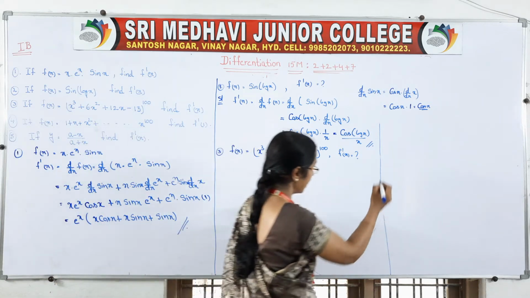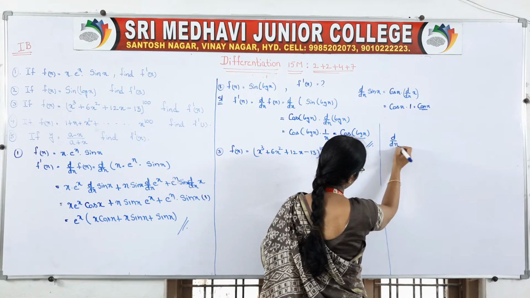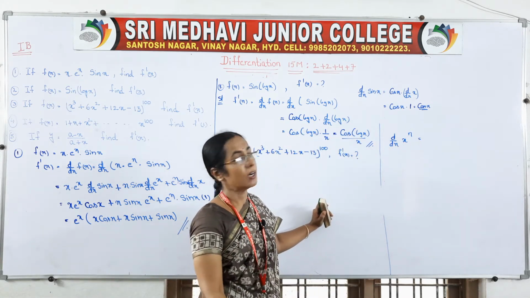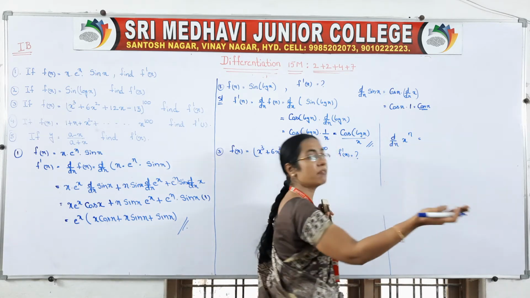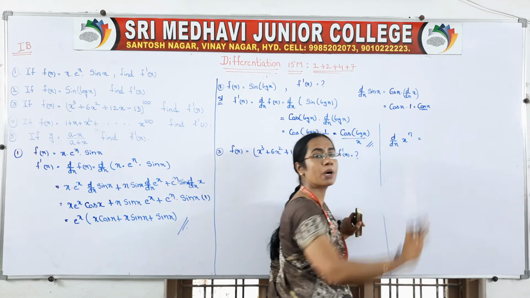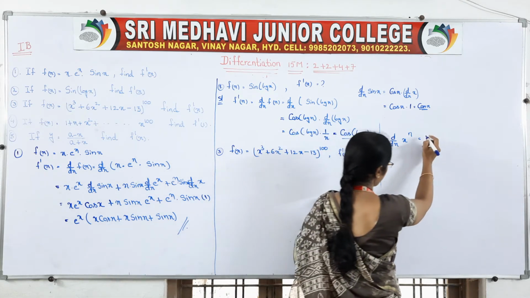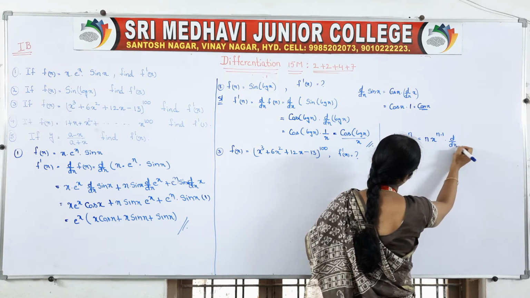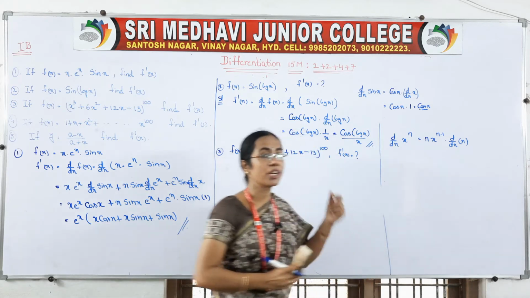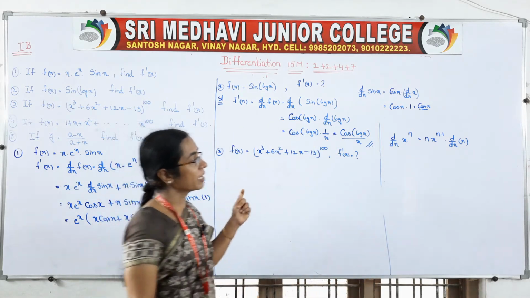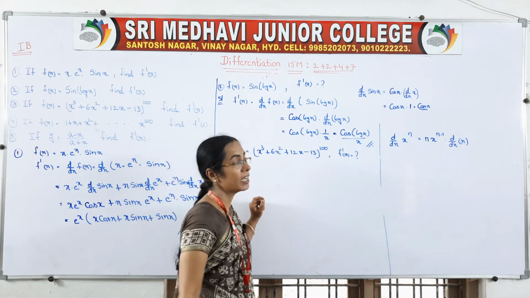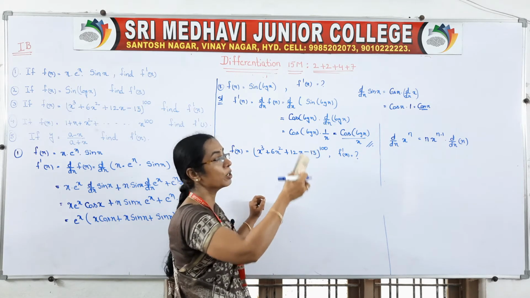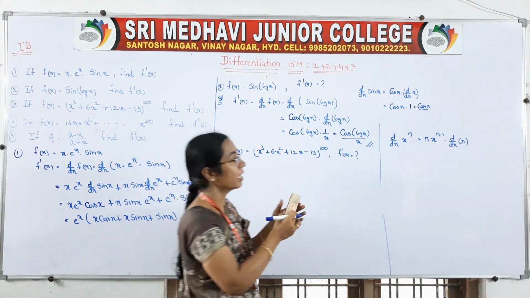Which formula I said? We have to go for d by dx of x to the power of n. Variable is having power. So here variable can be any variable and power can be any power, right? So its formula is n into x to the power of n minus 1 into d by dx of variable. Actually we have to read this formula as d by dx of variable to the power of n is equal to n into that variable to the power of n minus 1 into d by dx of that variable, right?